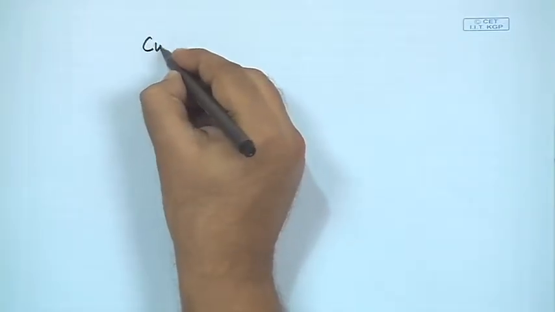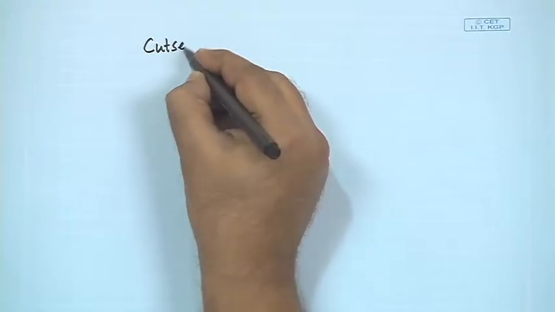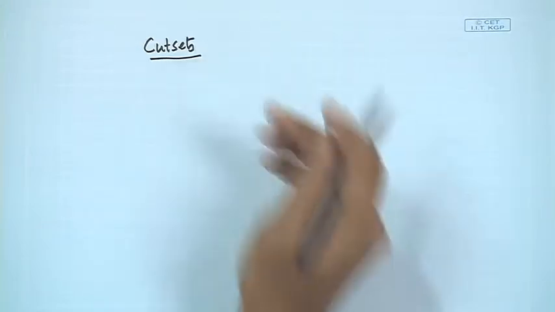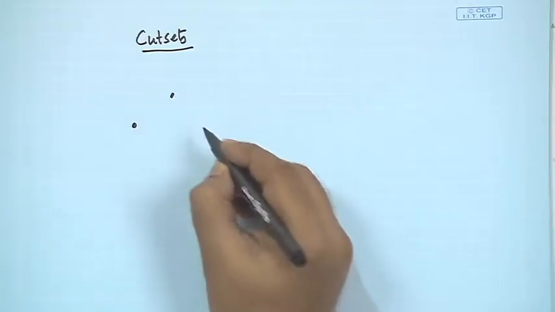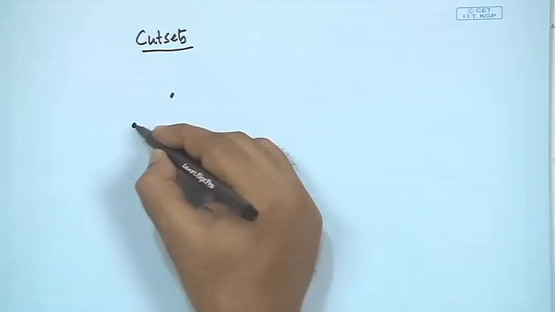So, let us look at some examples to really understand what it exactly means. Suppose I have a graph of this type.